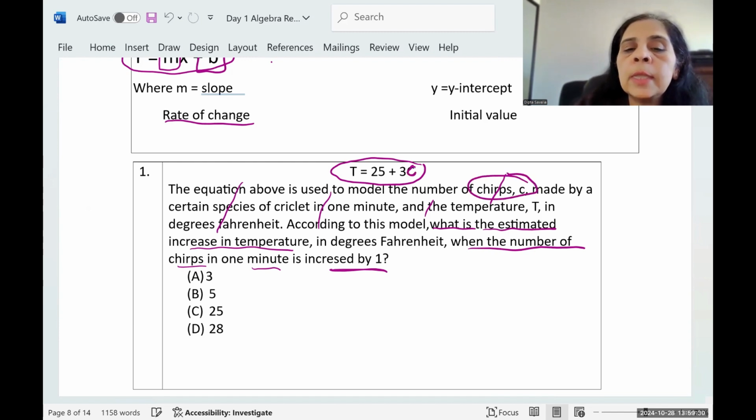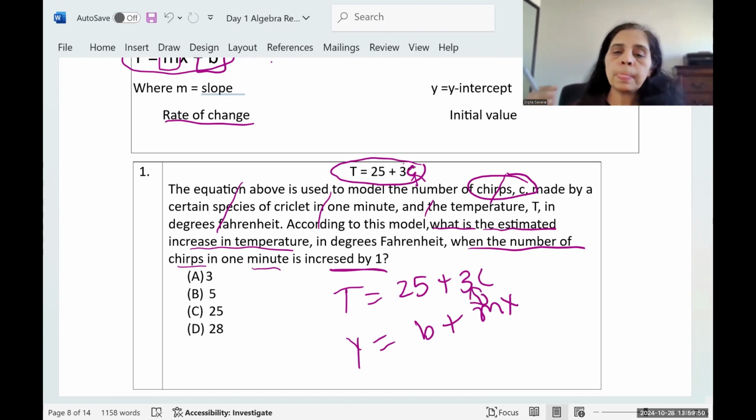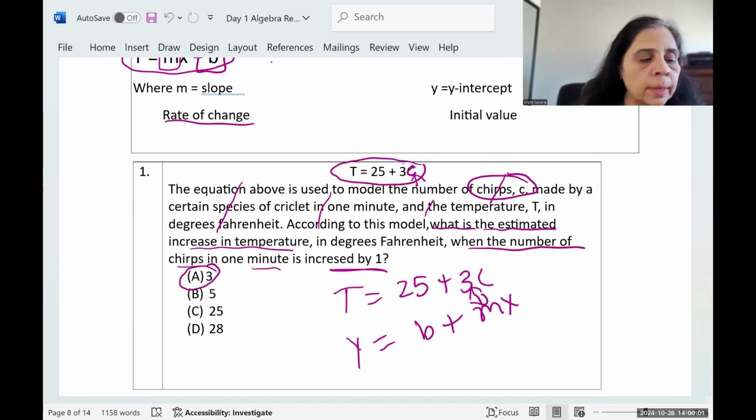So when c increases by 1, how much will temperature increase? If you compare this equation with slope-intercept form, 25 is the y-intercept, and 3 is your slope. So each time it increases by 1 chirp, the temperature increases by 3, okay?